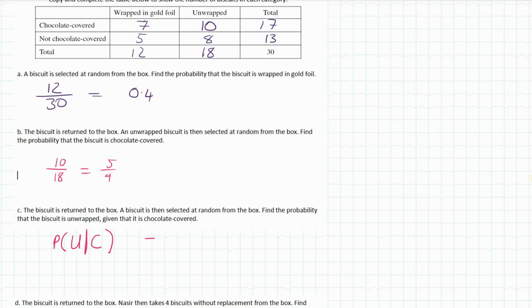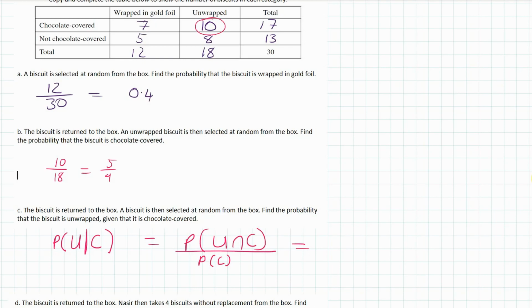Okay, which is equal to the probability that it is unwrapped and intersection chocolate over the probability that it is chocolate covered. And the probability that it's unwrapped and chocolate covered is this one here, 10 out of 30.